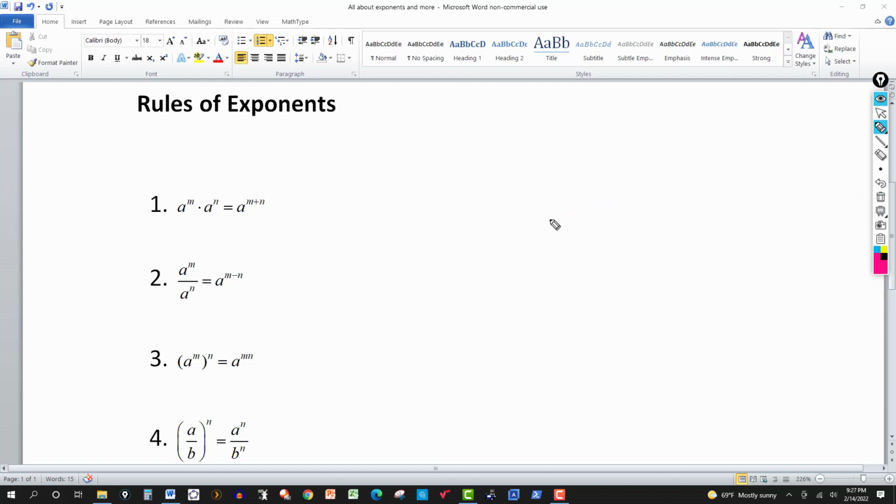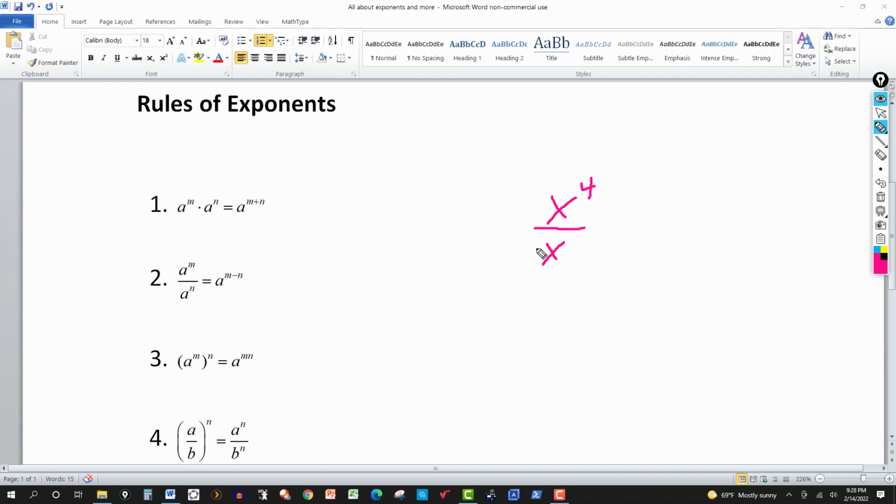Now let's look at something like this. Suppose we have x to the 4th power divided by x. So on top then, we want to simplify this. On top we have x to the 4th, that's 4 factors of x. In the bottom we have 1 factor of x. Now keep in mind that if the variable doesn't have an exponent, it's understood to be a 1.